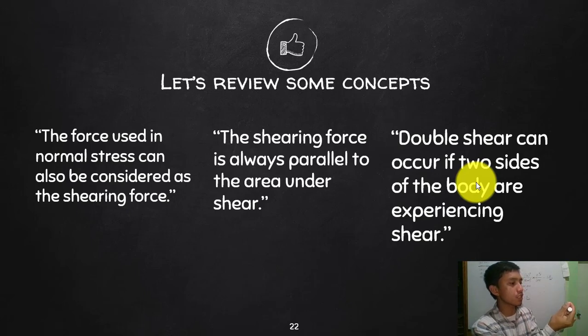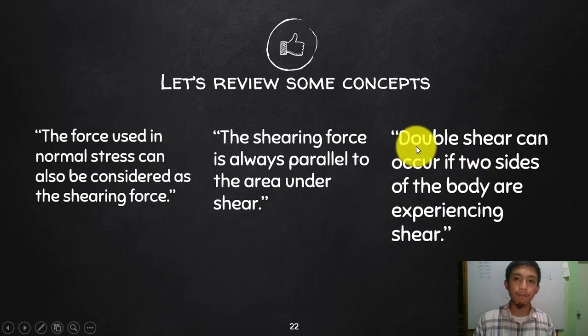There will be two attachments, so this one and the other one. So once that is pulled, this will break, and there will be two areas resisting this part of the member. And if this breaks, of course they should break at the same time. So there will be two areas here, and then there will be two areas due to this. So again, it depends on the scenario of the problem.